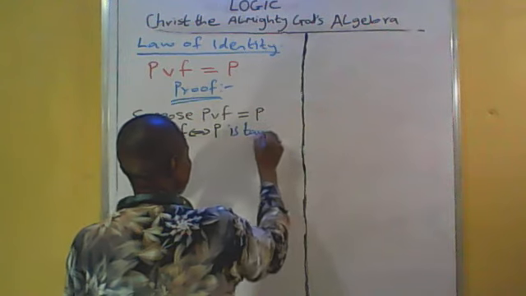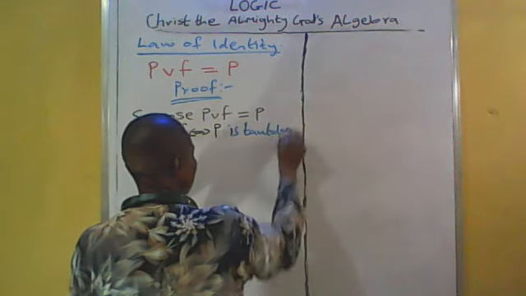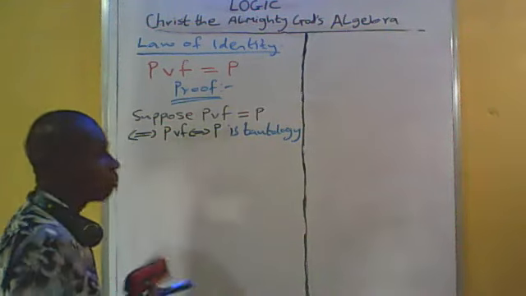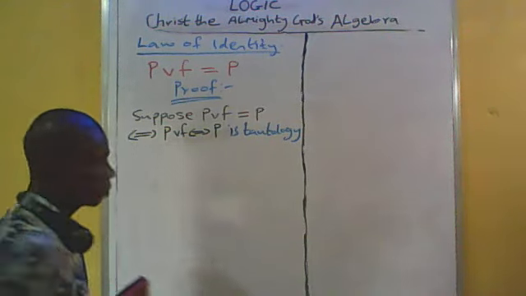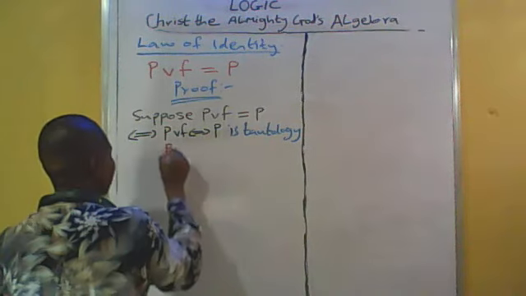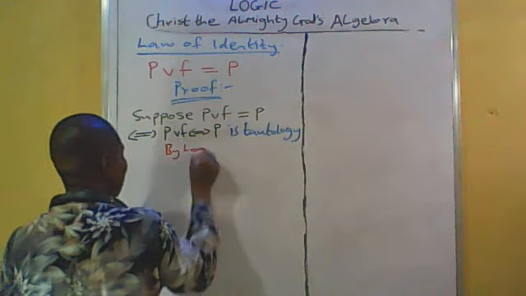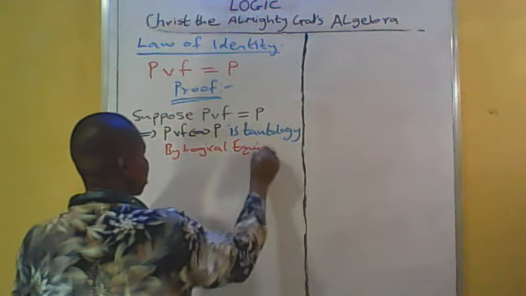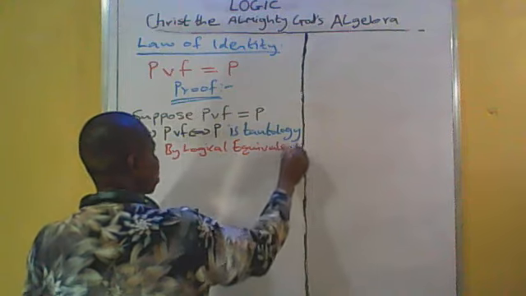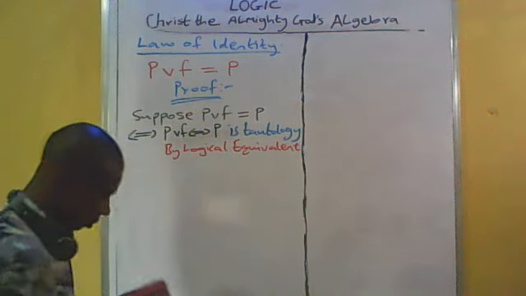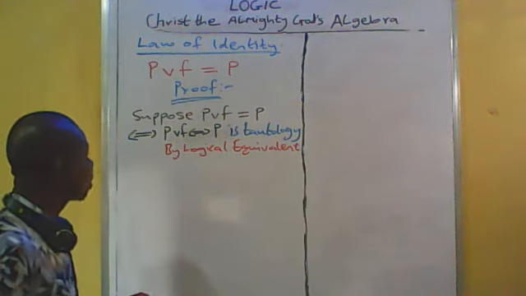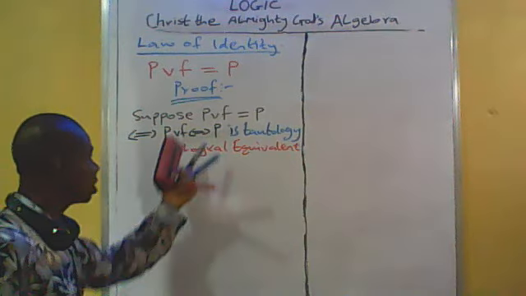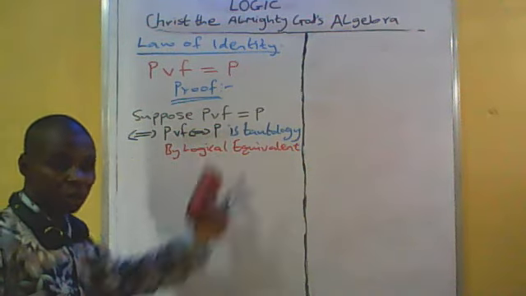Tautology being justified by logical equivalent. Now, since P or F, if and only if P is tautology, that means the biconditional statement is tautology.